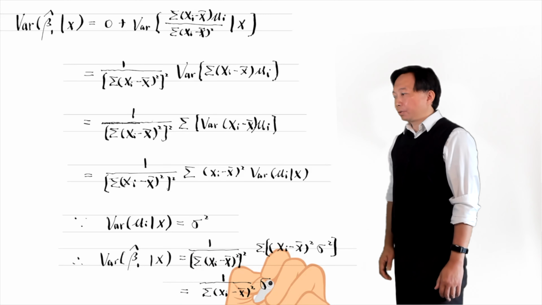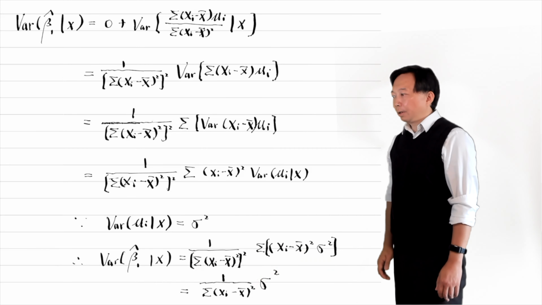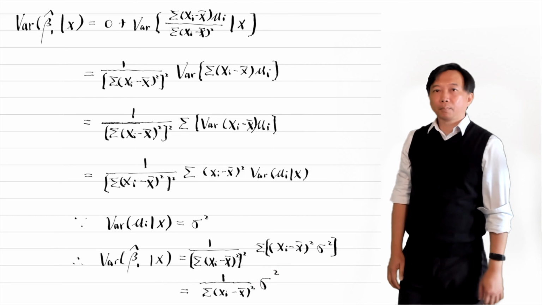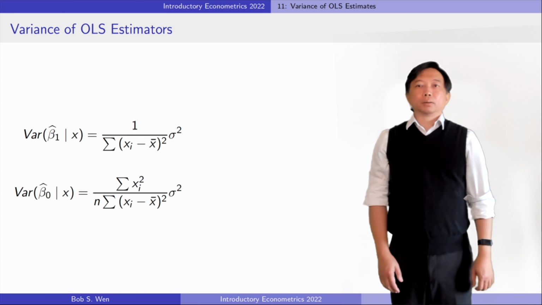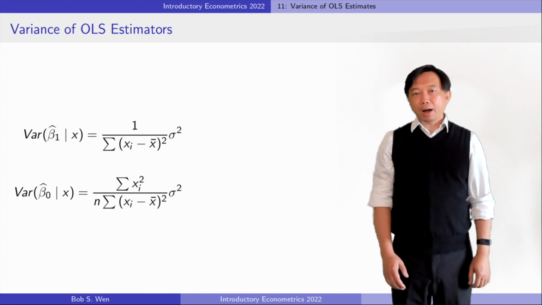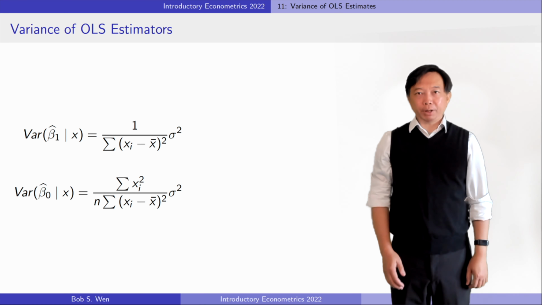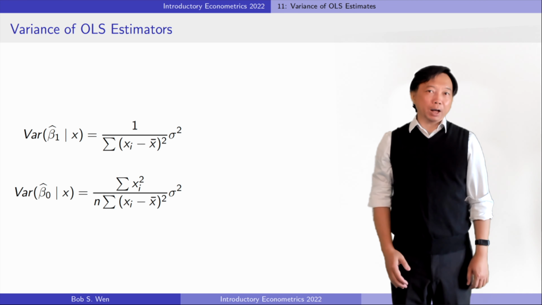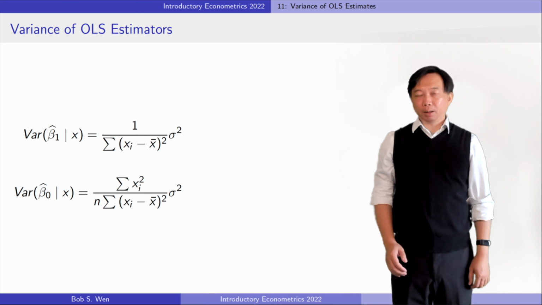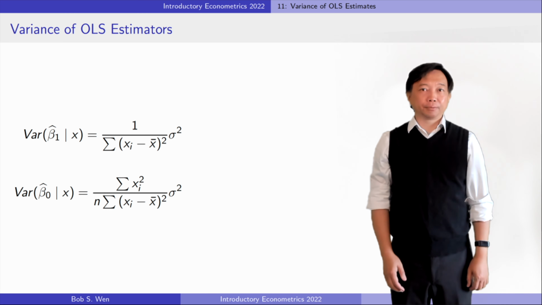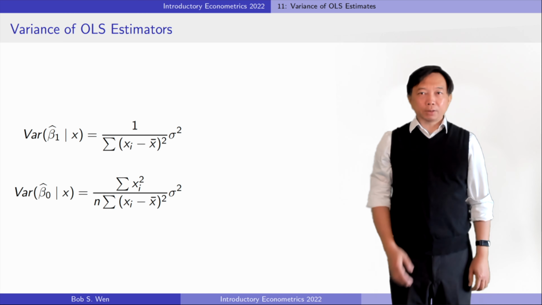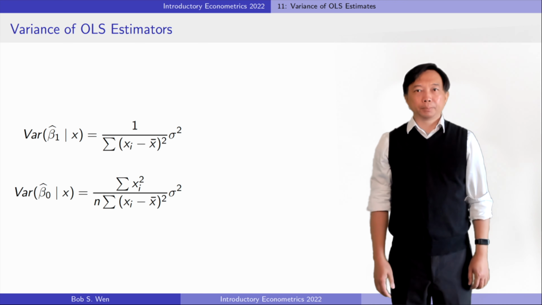So the variance of beta 1 hat equals sigma squared divided by the total sum of squares of x. For the variance of the intercept estimator, we have derived its formula in problem number 10. Please refer to my solution to that problem.